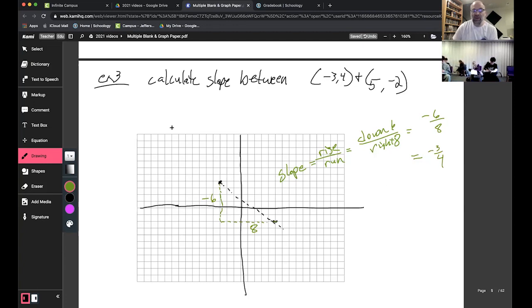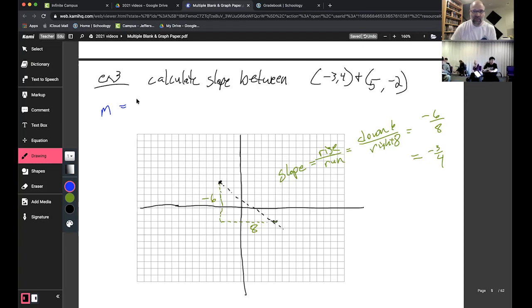Okay, well, let's see if we can come up with a formula that does this for us so we don't have to graph it. Okay, so remember we call slope m because of all the letter m's in the word slope. So we talked about the rise is the difference of y values.